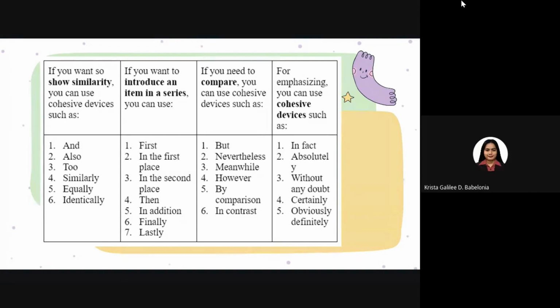If you need to compare, you can use cohesive devices such as but, nevertheless, meanwhile, however, by comparison, in contrast. For emphasizing, you can use cohesive devices such as in fact, absolutely, without any doubt, certainly, obviously, and definitely.